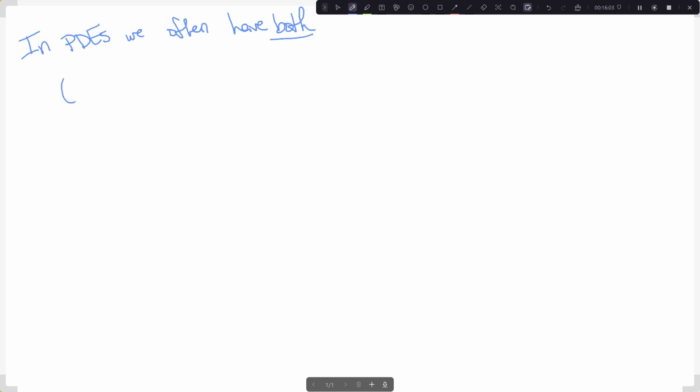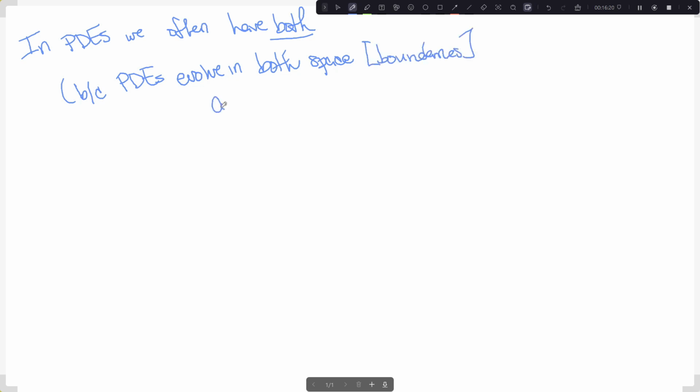Well, the easiest answer is because PDEs evolve in both space, i.e. the boundaries, and time, which would be the initial condition. Right, so since we're evolving in space and time, these are kind of the 2 directions we're allowed to evolve in, but they're partial derivatives because of those directions. We are allowed to have the initial condition in time and the boundary conditions in space.